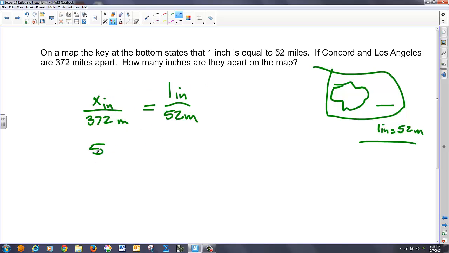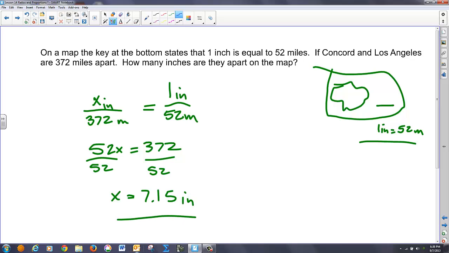So again, I'm going to multiply crosswise and get 372 is equal to 52x. Divide both sides by 52. And take 372, divide that by 52, we get a total of 7.15 inches. So on that map, they'll be about that far apart.